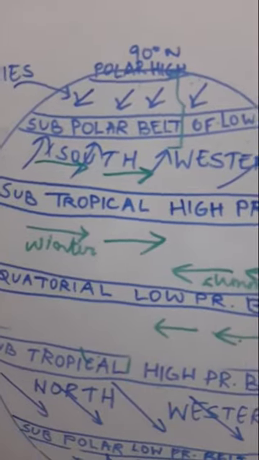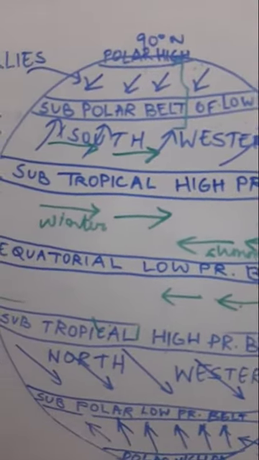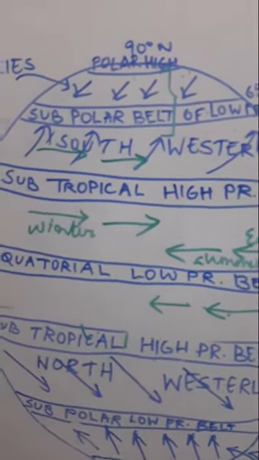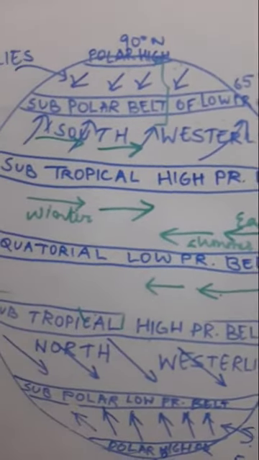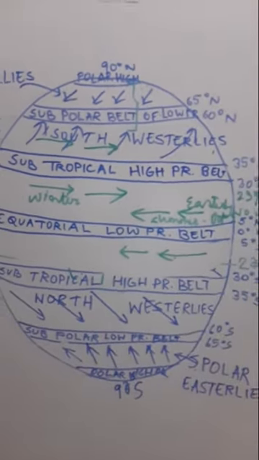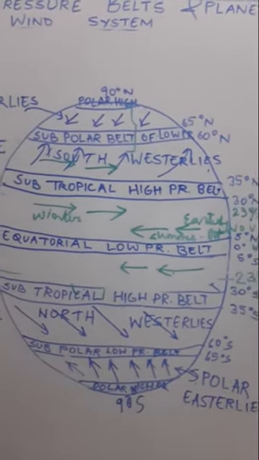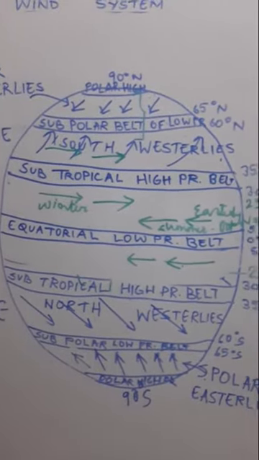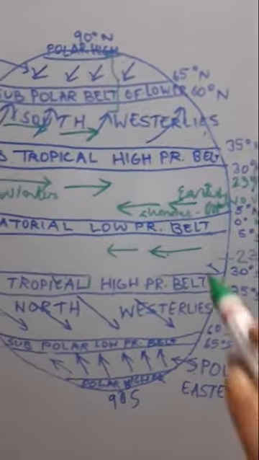During the summer season, they do not have any impact on our country, but they impact the rainfall of northern India during the winter months. You will find that during the winter season, in the month of January, sometimes in early February, we receive some rain. This rain is brought about by this jet stream.